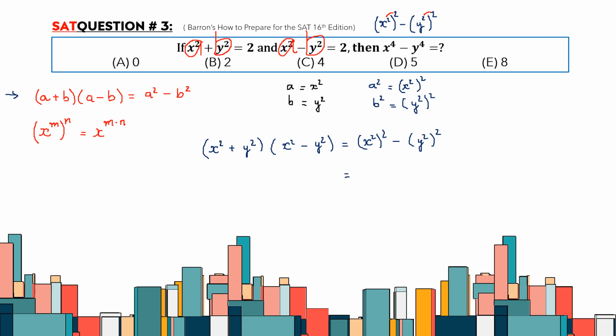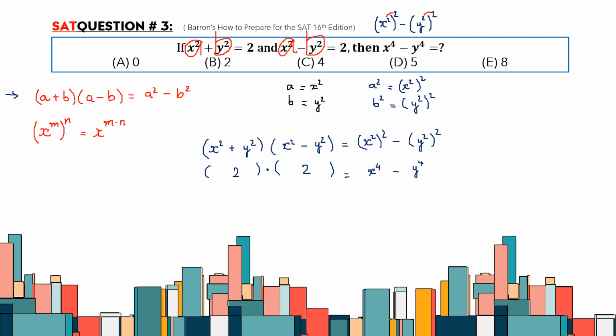And remember, the right hand side is x to the power of 4 minus y to the power of 4. And on the left hand side is the given. So we have x squared plus y squared equal 2, and then x squared minus y squared equal 2.